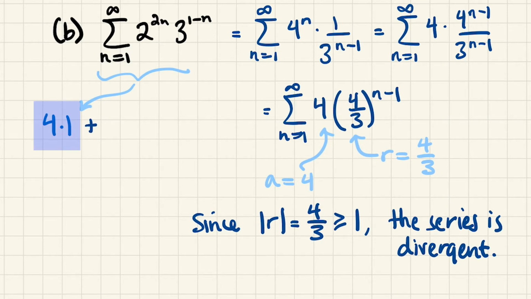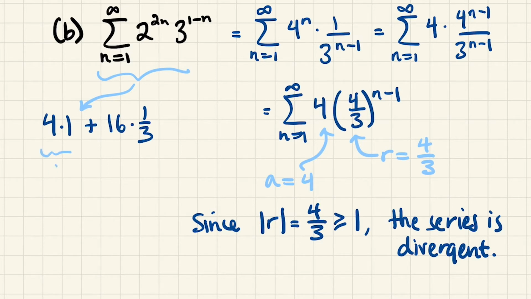So there's a. The second term of the series is always going to be a times r. So if we let n equal 2, we're going to get 2 raised to the 4, so that's 16, times 3 to the 1 minus 2, so that's 3 to the negative 1, which is 1/3.